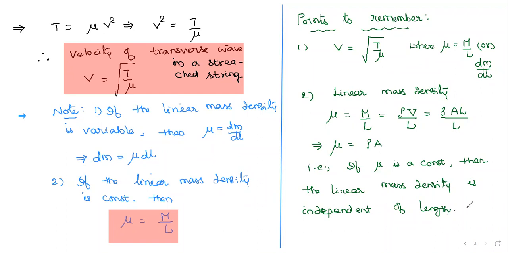And I write here, it depends on the nature of material, that is rho, and the cross-sectional area, capital A. Usually the wire's cross section is circular.